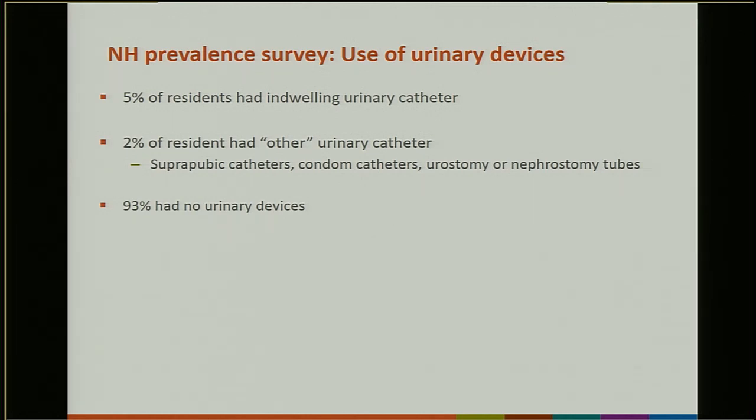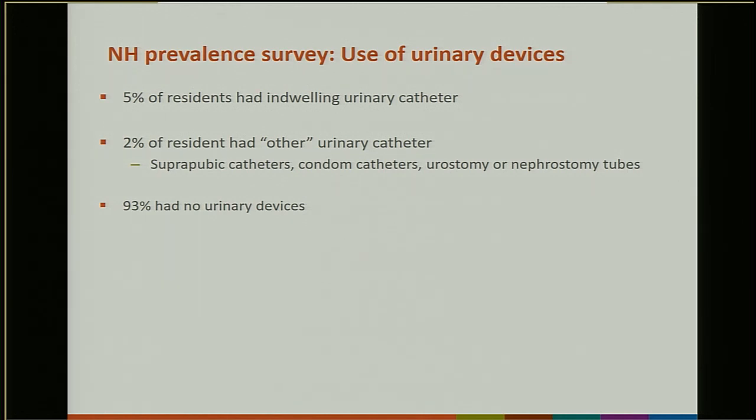And in our prevalence survey, so on a given day, we found that 5% of nursing home residents had an indwelling urinary catheter present. And then on top of that, an additional 2% had what we called other urinary catheters present. So that might be a suprapubic catheter, condom catheter, urostomy, or a nephrostomy tube. And then 93% had none of these urinary devices present.